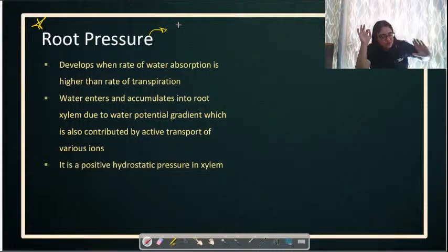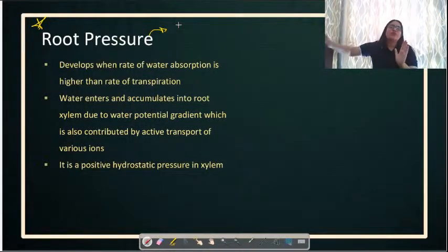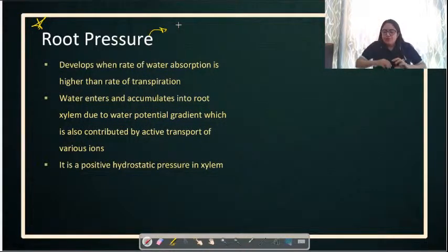So when water is absorbed at a higher rate and lost at a very slow rate, what will happen? You are continuously trying to push water from one end, and at the other outlet, from where the water was supposed to come out, the speed is very low. Or you can think as if the pipe is blocked over here.